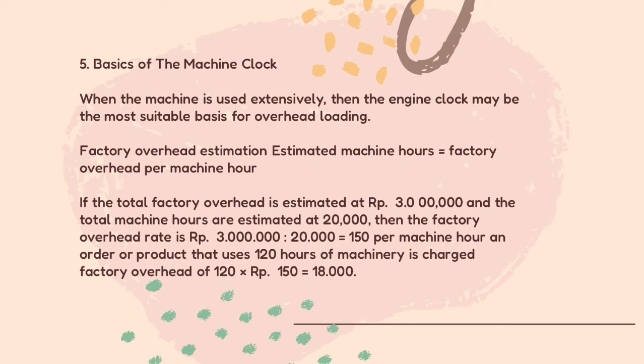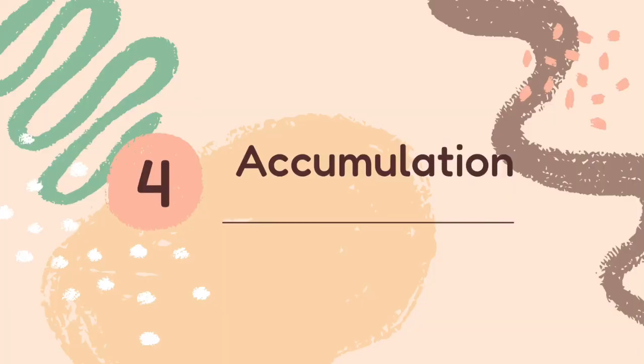An order or product that uses 120 hours of machinery is charged factory overhead of 120 times 150 rupiah equals 18,000. And the last material is accumulation of actual overhead costs.